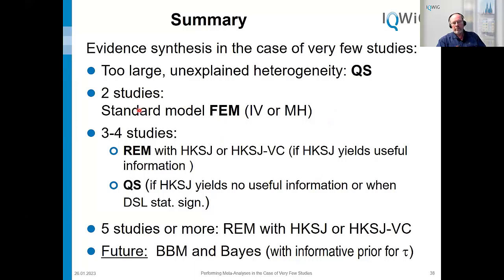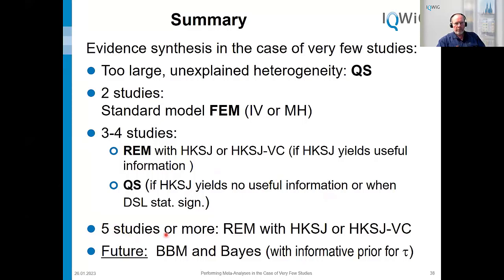In 2 studies, we use as a pragmatic approach a standard model, the fixed effect model. When we have 3 or 4 studies, we use the random effects model with Hartung-Knapp-Sidik-Jonkman, without or with variance correction, or we use the qualitative summary if Hartung-Knapp-Sidik-Jonkman yields no useful information.